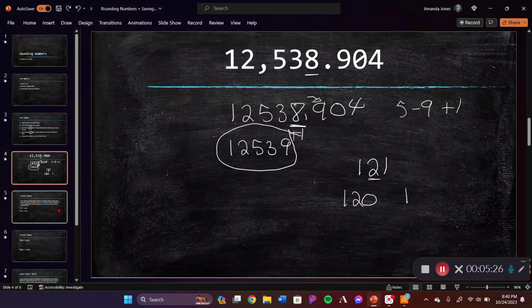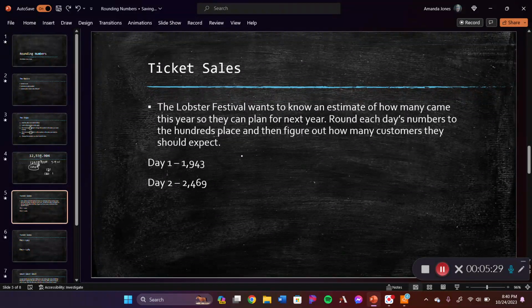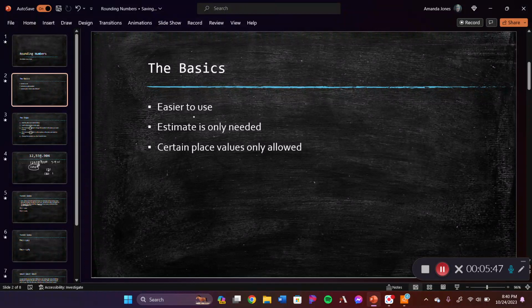So now let's go on to one of our examples. Officer Vessel wants to know an estimate of how many came this year so they can plan for the next year. Round each number to the hundreds place, and then figure out how many customers they should expect for next year. So this is an example where an estimate is only needed.